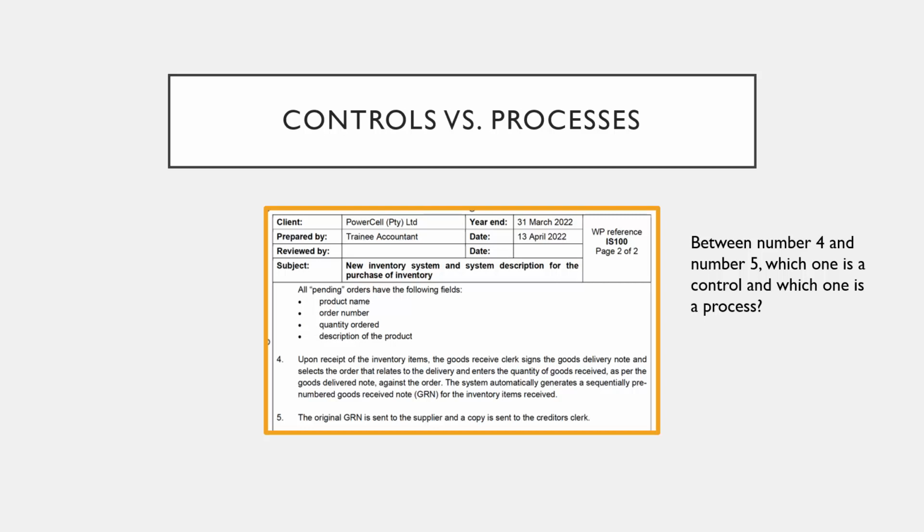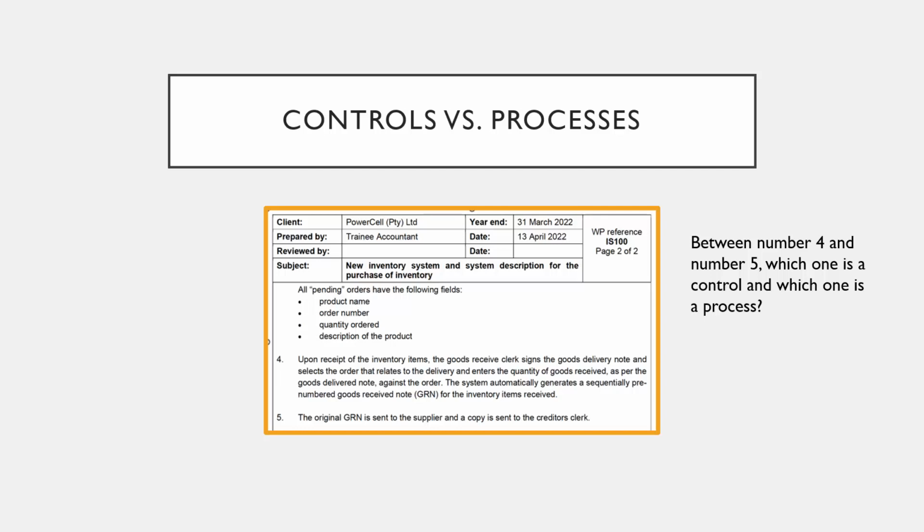received note. So that actually prevents us from goods being stolen, because if the goods, so when I say us now, I'm talking about the company. So the company makes the clerk, the goods received clerk, sign a delivery note and the quantity of goods received against the order.